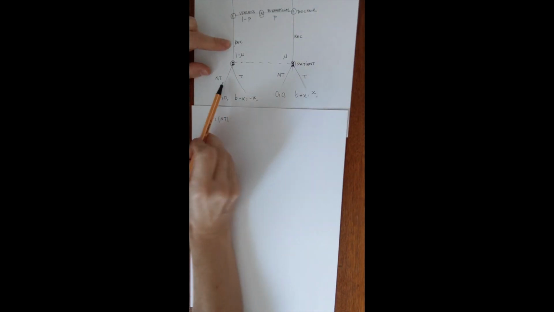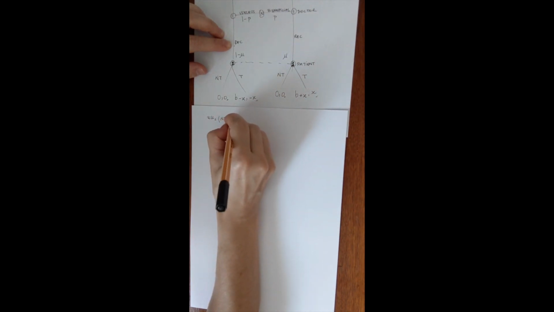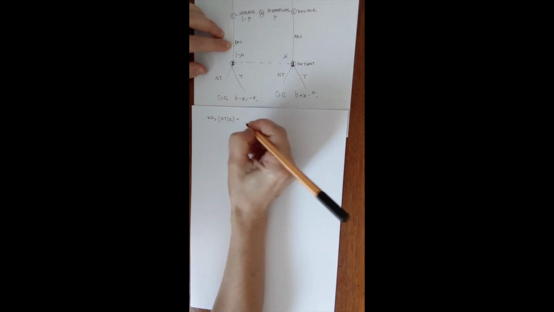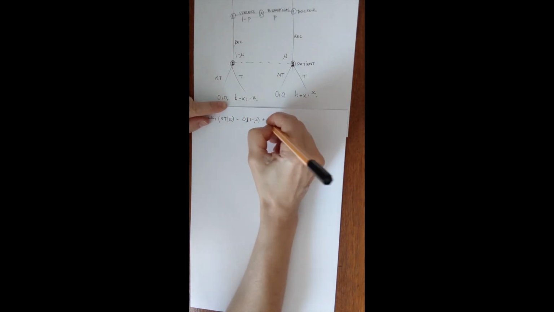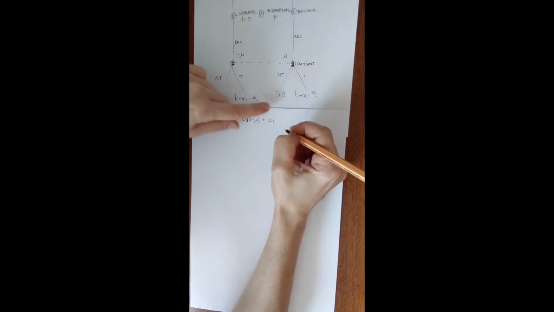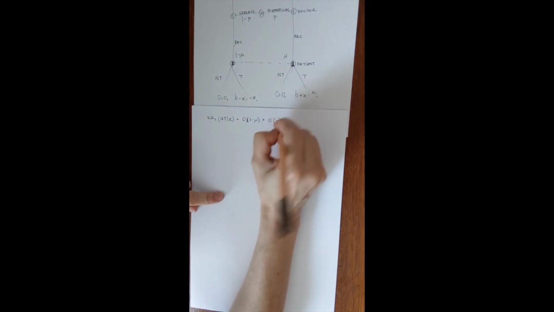The expected utility of player 2 for not testing, given he receives the message recommend from the doctor, is equal to 0 times 1 minus mu plus 0 times mu.